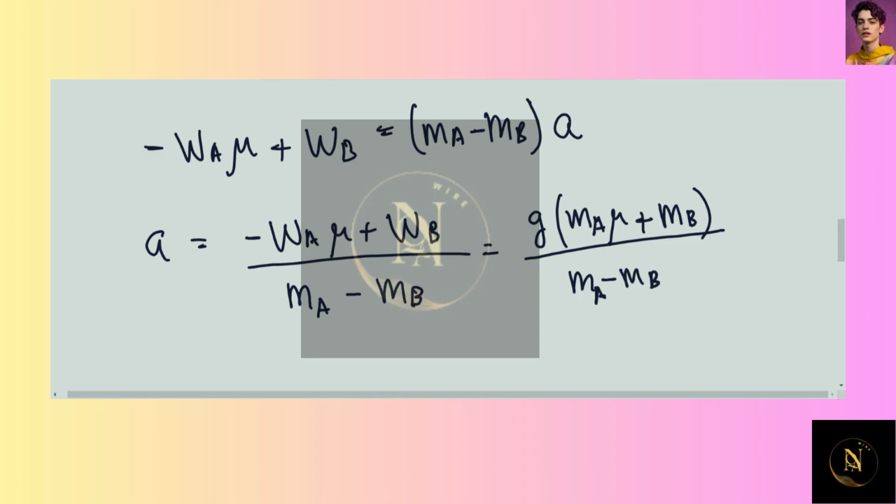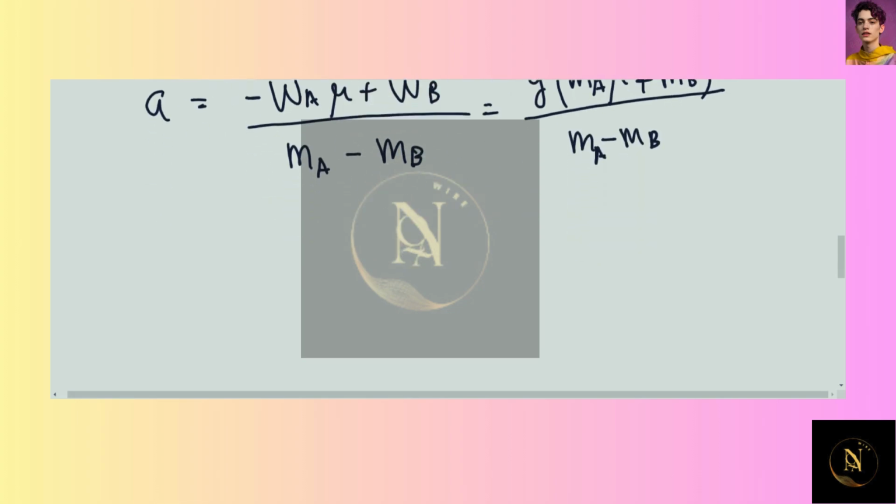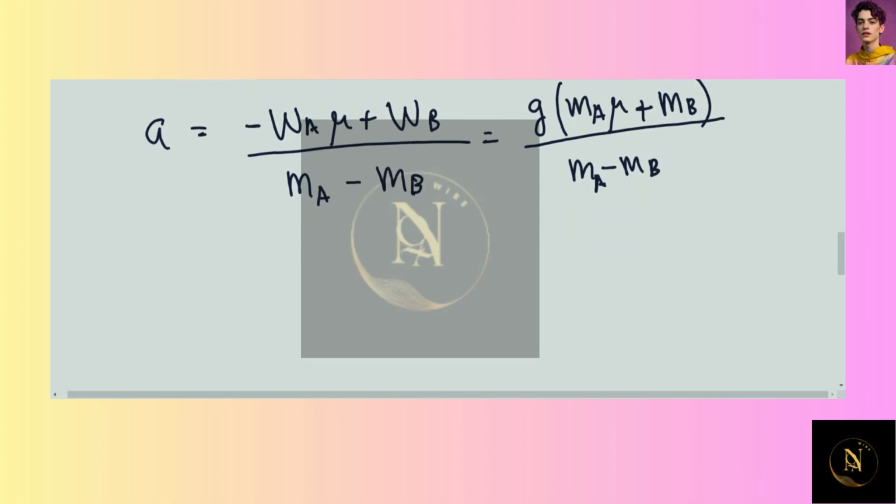Now, putting in all of these values, we obtain that the acceleration of gravity is 9.8 meters per second squared. The mass mA, which is the mass of the cat plus the mass of the block, is 90 kilograms.